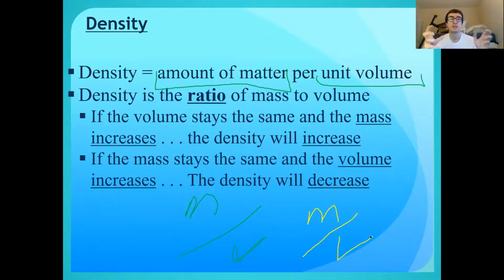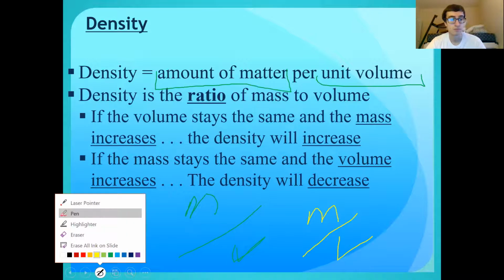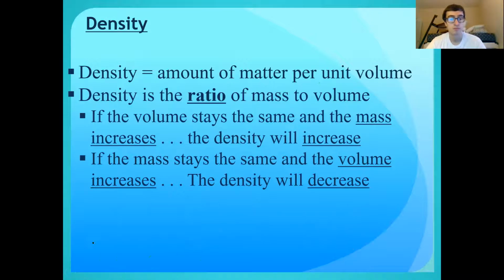So if the volume stays the same, as the size of an object stays the same, but the mass gets bigger, we add in more mass to the same area, then we have the density increasing. So we have this mass over volume ratio. If the mass goes up, that means that the density is going to go up as well.